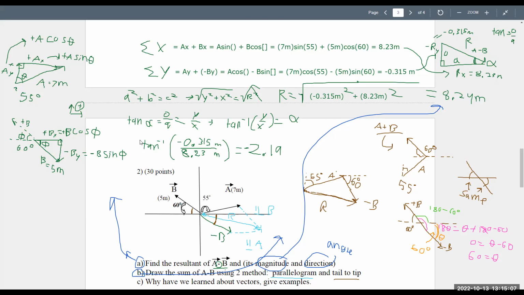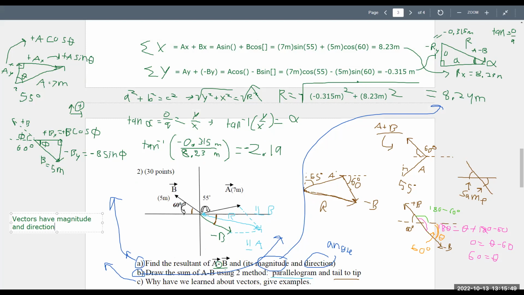Oh, why have we learned about vectors? Because they are useful in physics. They have magnitude and a direction, and they explain some examples like velocity, acceleration, force. All right. This statement: vectors have magnitude and direction.